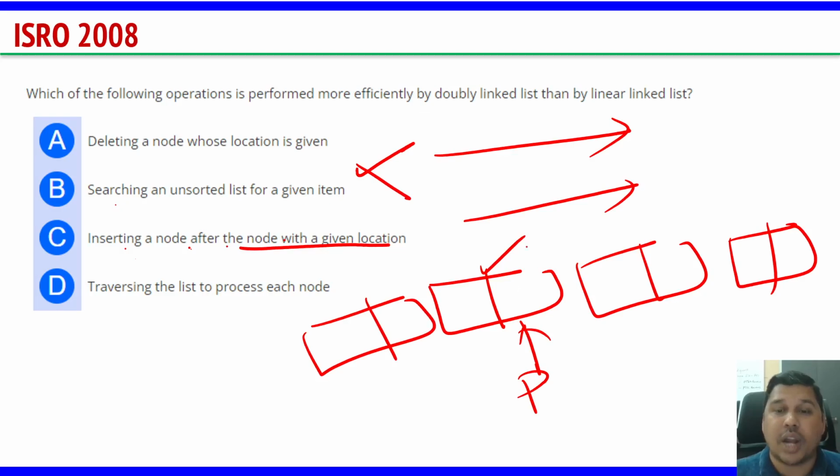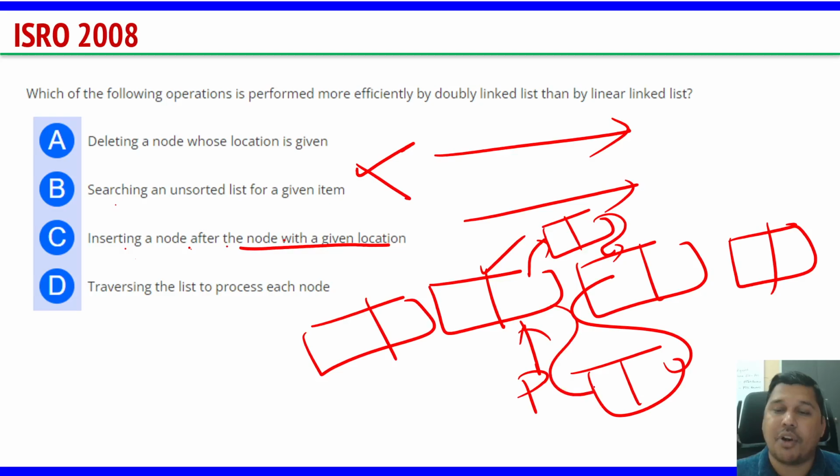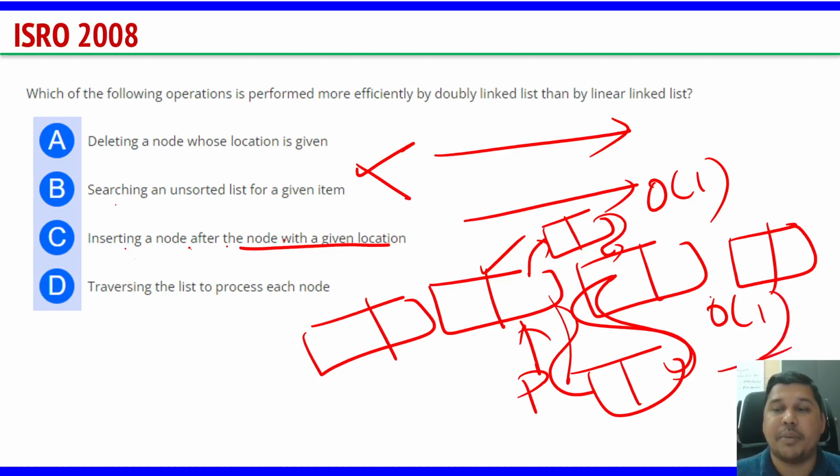I want to insert a node after p. So again, the operations remain the same. I have to form this link and this link. The same thing happens in double linked list also. I have to form this and this. So almost it is the same, there is not much difference. This is also order of 1, this is also order of 1. Inserting an element is constant in both.